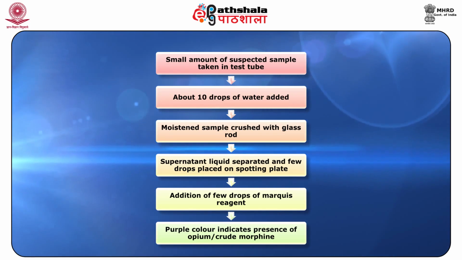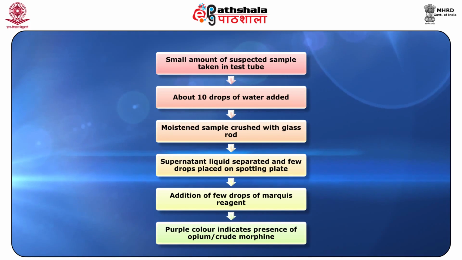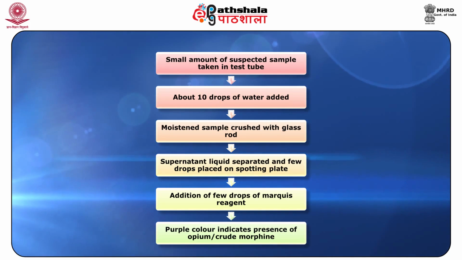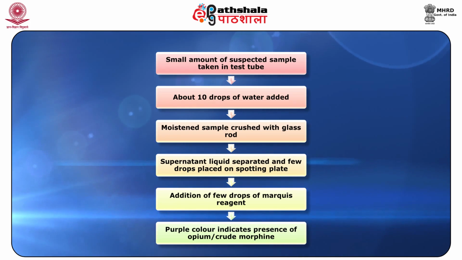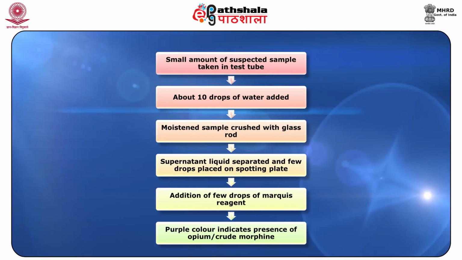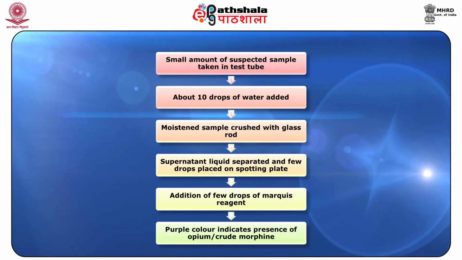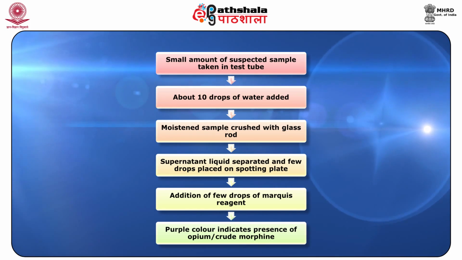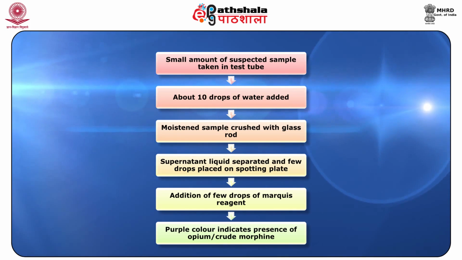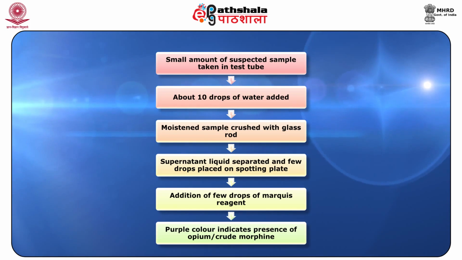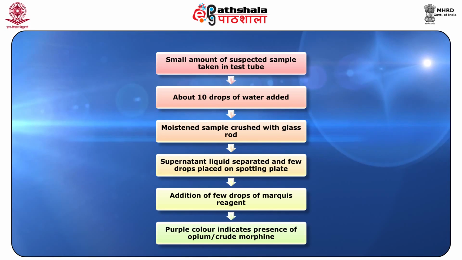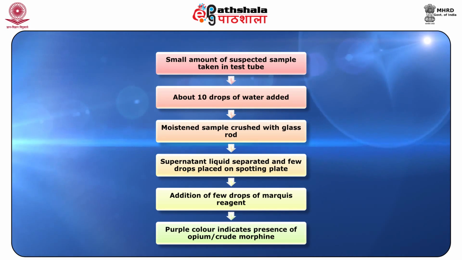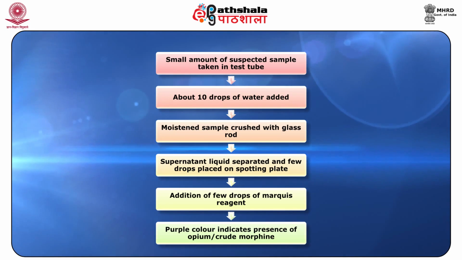The supernatant liquid of the sample is separated and a few drops of the same are placed on a spotting plate, followed by the addition of a few drops of Marquis reagent. The development of purple-violet color indicates the presence of opium or crude morphine.